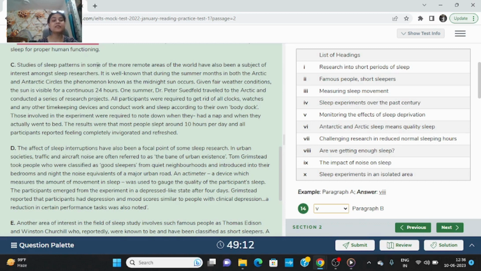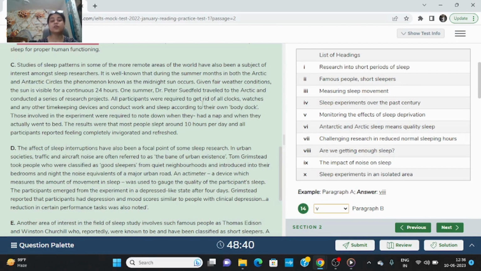Studies of sleep patterns in some of the more remote areas of the world have also been a subject of interest among sleep researchers. It is well known that during the summer months in both the Arctic and Antarctic circles, the phenomenon known as midnight sun occurs given fair weather conditions. The sun is visible for a continuous 24 hours. One summer, Dr. Peter traveled to the Arctic and conducted a series of research projects.